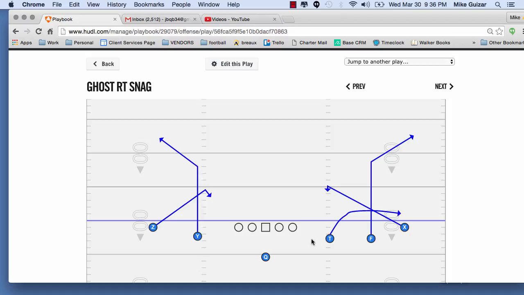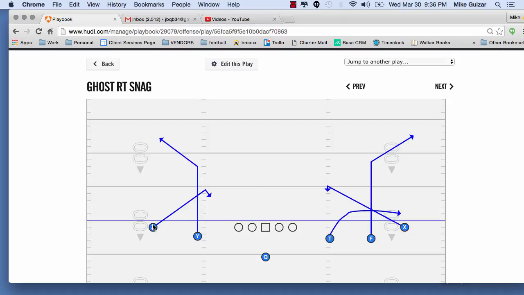Now, I can tag anything I want. So if I call ghost right snag, and I don't like wasting Z and Y because they're not getting looked at, because they're not the complete snag concept, I could call ghost right switch snag. The principle is left to right.